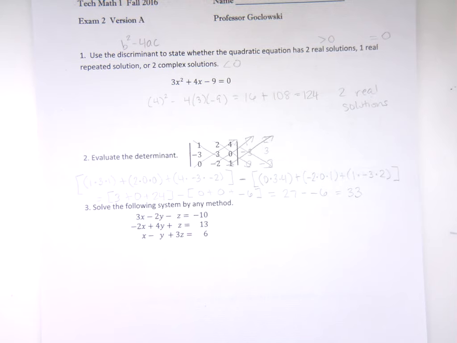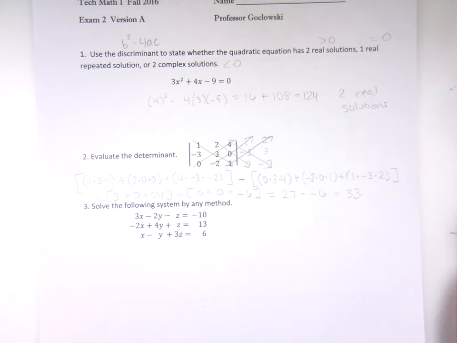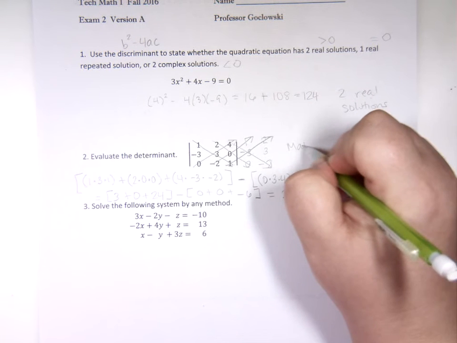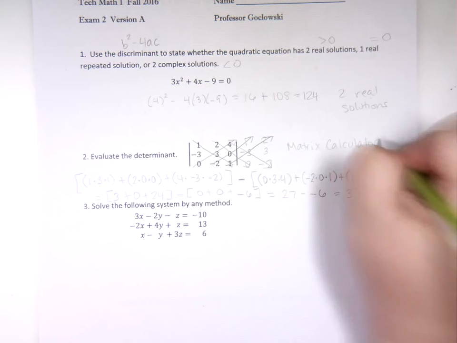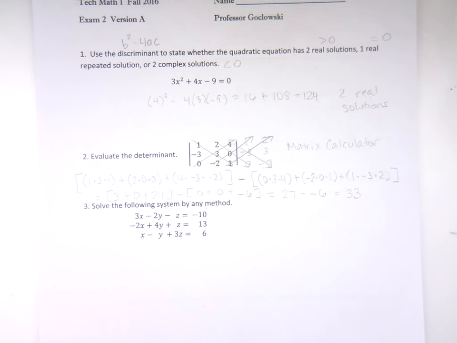If you want to do more determinant problems, what you can do is look up on Google matrix calculator and make up a determinant for yourself. Make up a 3 by 3 and then plug it into the matrix calculator and click on calculate the determinant, and then check and see if your answer matches.